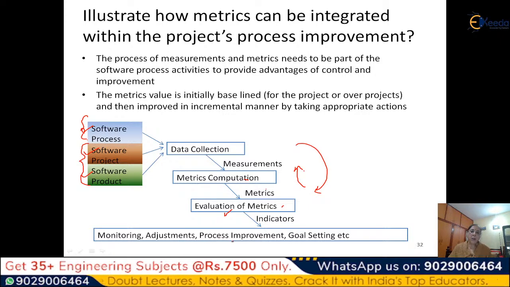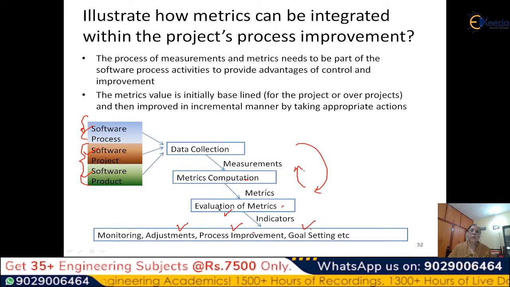So each time you are doing a process improvement or an adjustment, you are monitoring all these indicators and resetting your goal, because the moment you do a process improvement, you have to set a higher goal. Or if you are below it, then you have to make the adjustment and approach the goal.